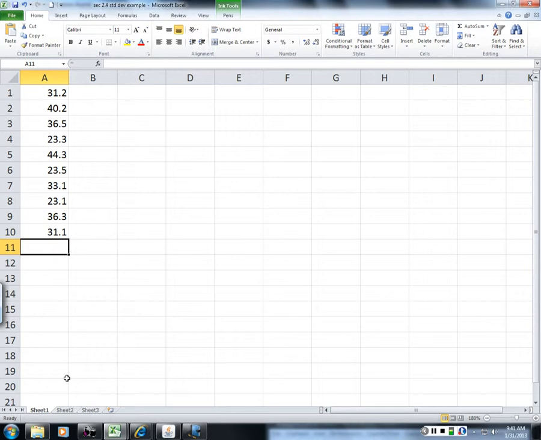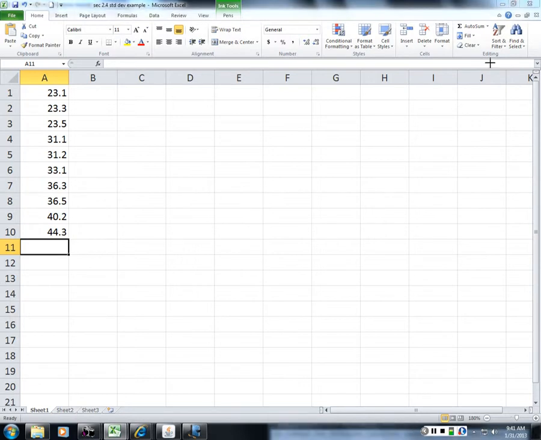So I'm in Excel on this one. And you can do it in StatCrunch too. I just happen to have the data set here. So I'm just going to go ahead and sort and filter this thing, and I'm going to do an A to Z, which means least to greatest. Okay, and that's what I've done.